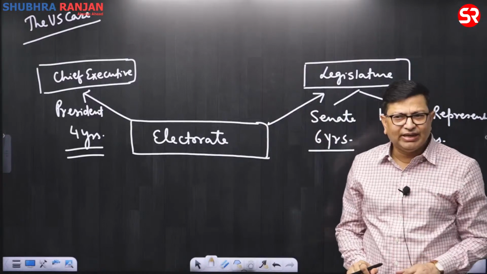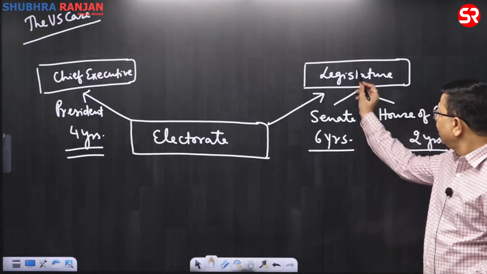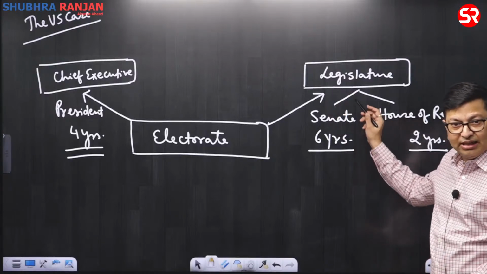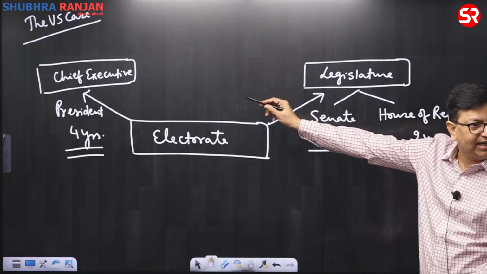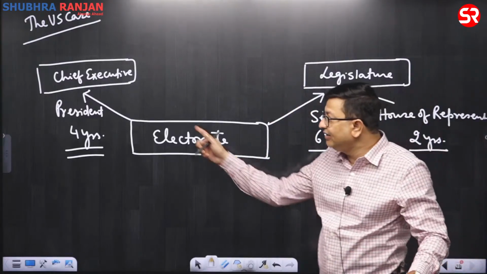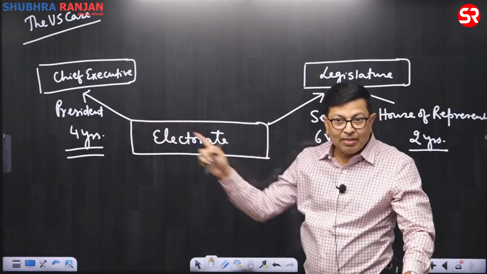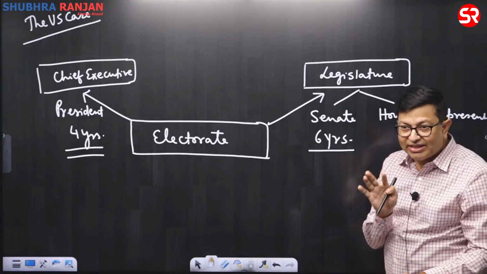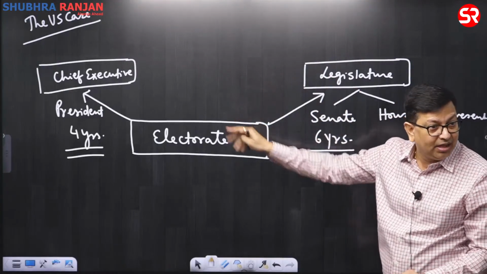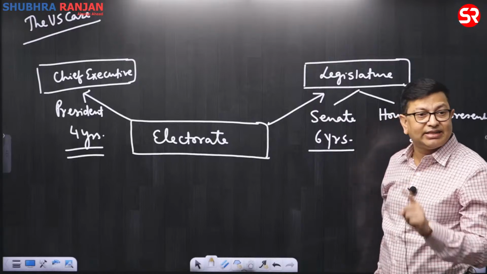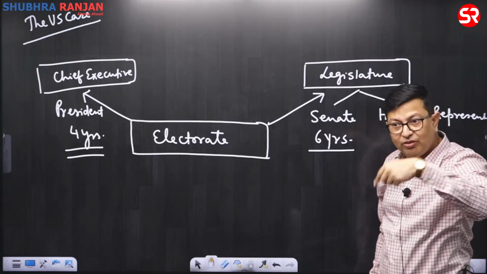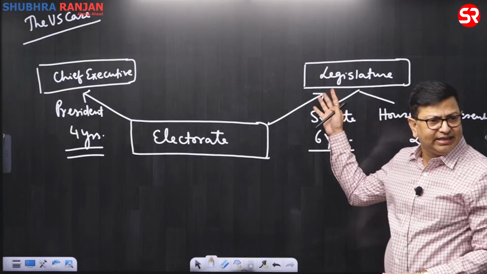In our country, what we had discussed in a parliamentary system, the party which will have majority in the lower house, its members will become the members of the executive. But here it is not like that. The American president will be elected in separate election, and the American president is not dependent on the legislature for its survival. In our country or in a parliamentary system, if you have got the majority in the lower house, you will be in the government. Here it is not the case.